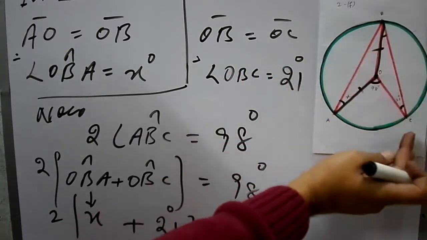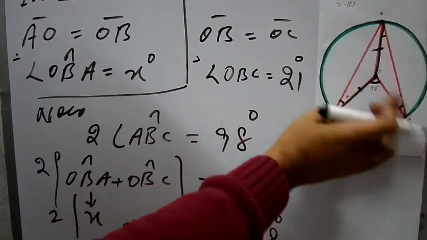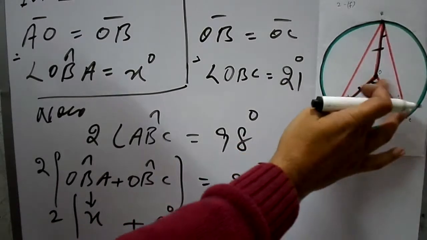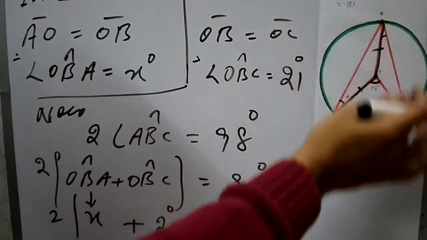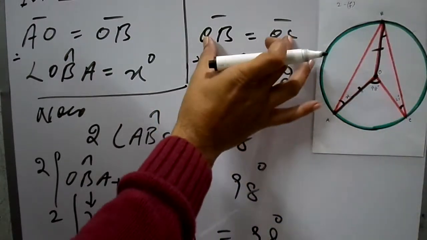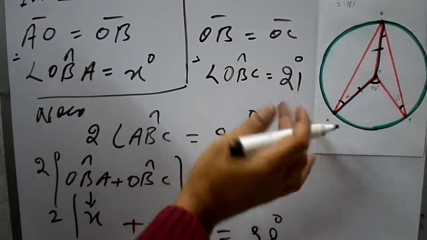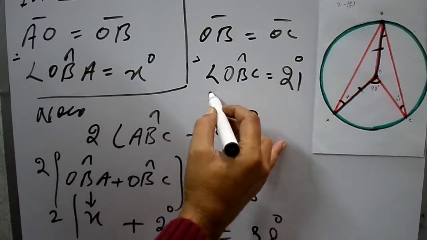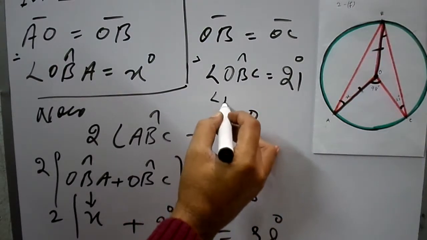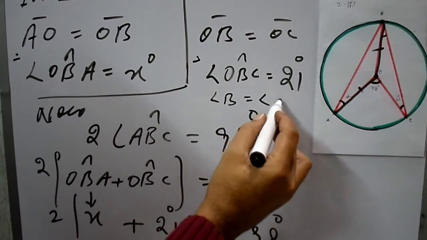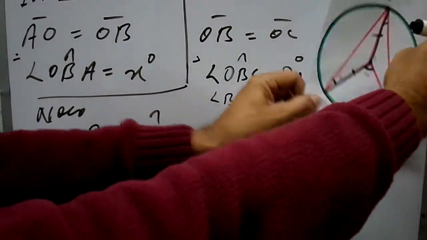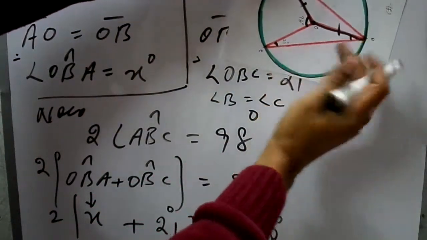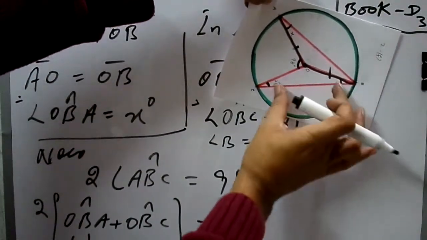OBC or OCB is equal to 21, because B and C are equal. As angle B and C are equal, angle B must be equal to the angle C. If I take this triangle, for example, the base angles must be equivalent.